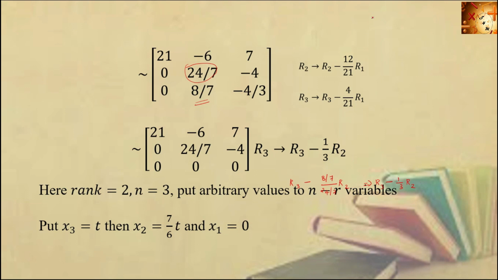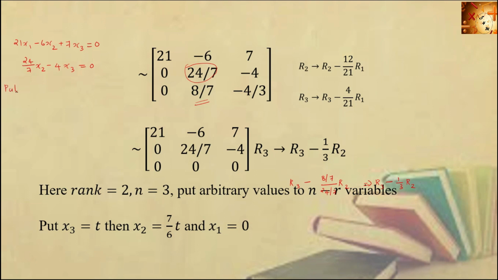Here the solution is x1 equal to 0, x2 equal to 7 by 6 t, x3 equal to t. This is got by solving the equations. From the final matrix, by back substitution we have 21x1 minus 6x2 plus 7x3 equal to 0, and from the second row we have 24 by 7 x2 minus 4x3 equal to 0.